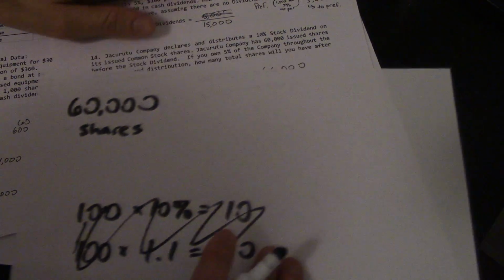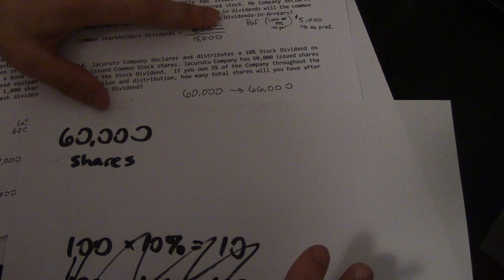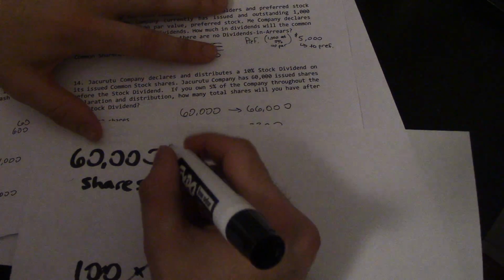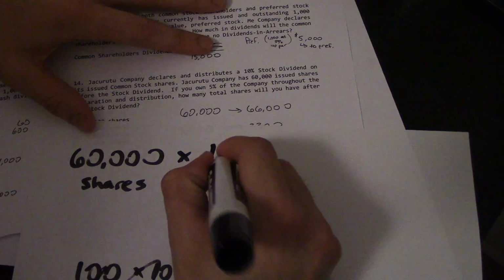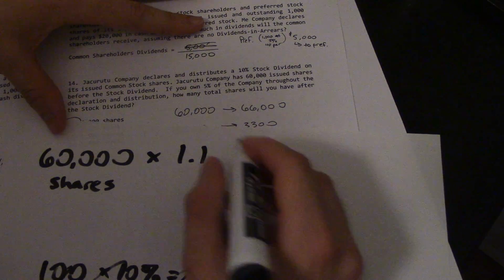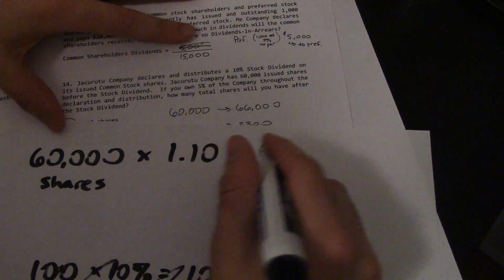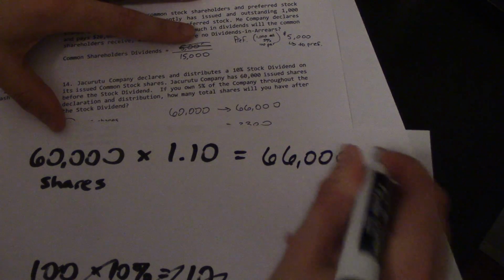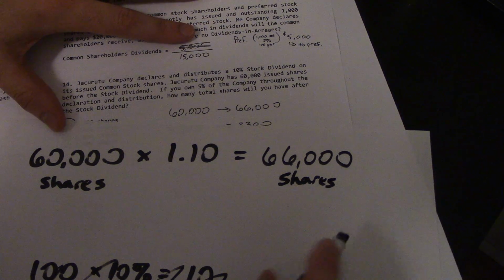So, to figure out how many shares are outstanding after the stock dividend, we can just take the total 60,000 shares multiplied by 1.1 for the 10% stock dividend, and we'll get 66,000 shares outstanding after the stock dividend.